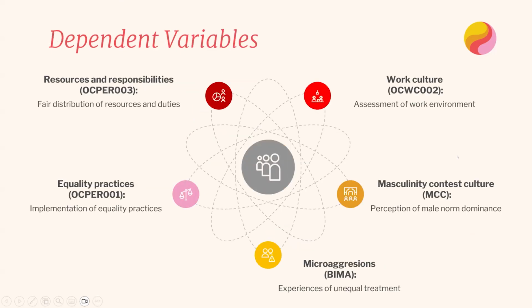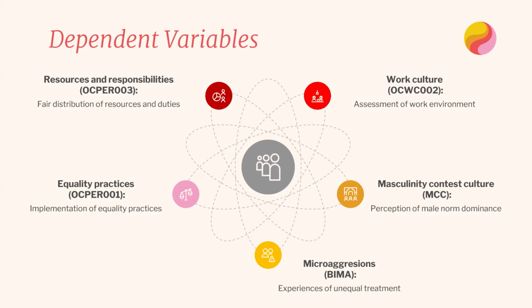Next slide, please. For the analysis presented for the purposes of this chapter, we focused on 5 dependent variables, which Jörg introduced earlier. So I would like to mention that we examined work culture. Second, we looked into masculinity contest culture. We explored the presence of microaggressions.